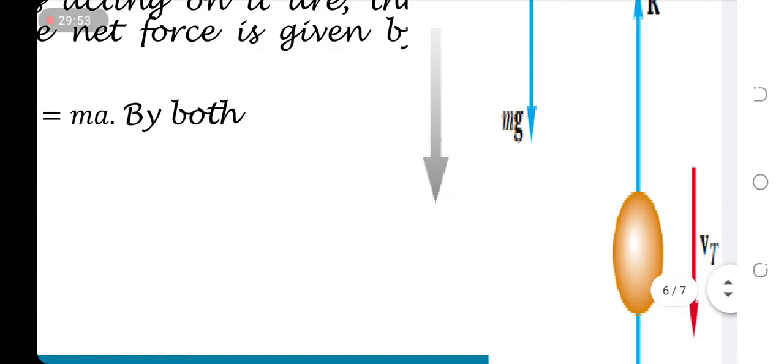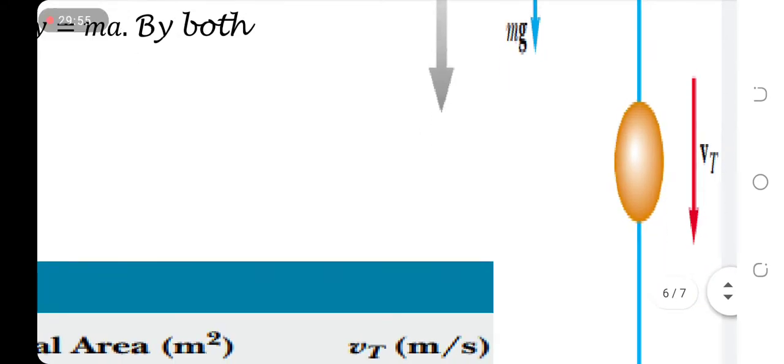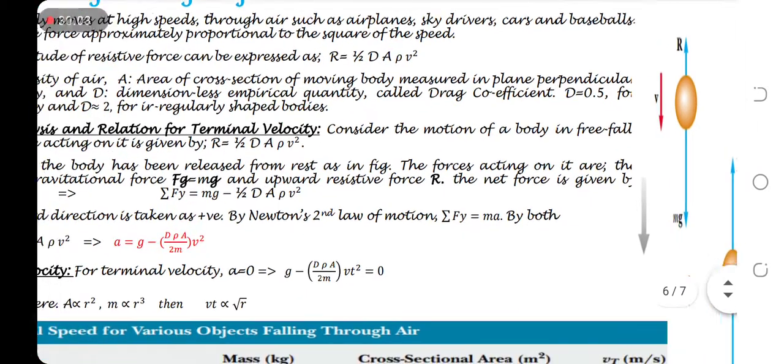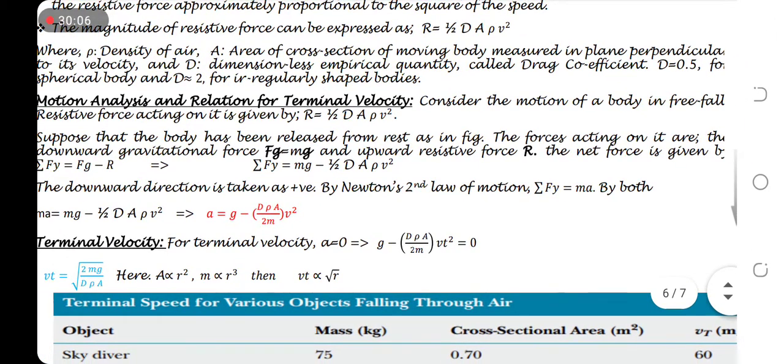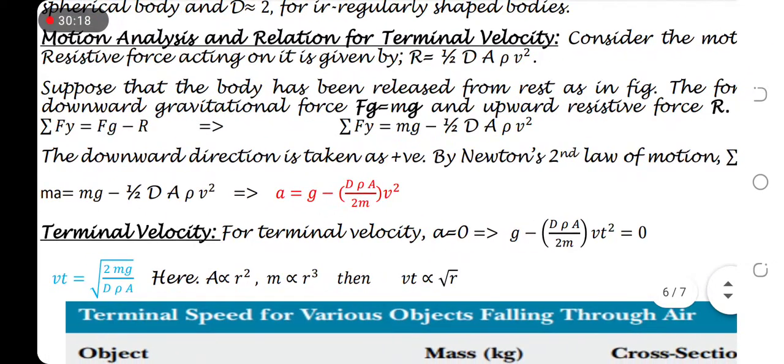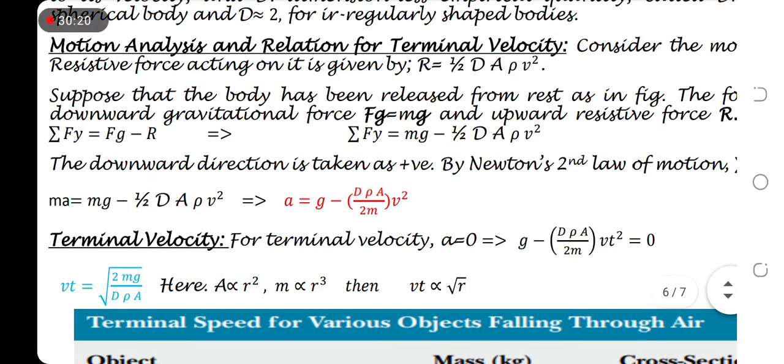At some stage, the velocity of the sphere becomes terminal, or constant, velocity. Consider the motion of a body in free fall. Suppose the body has been released from rest as in the figure.